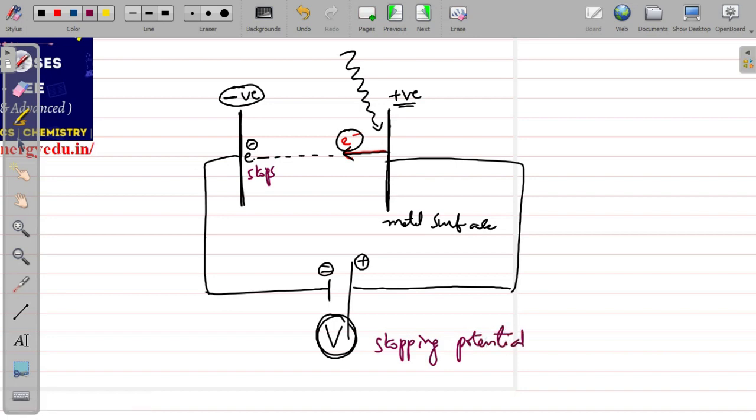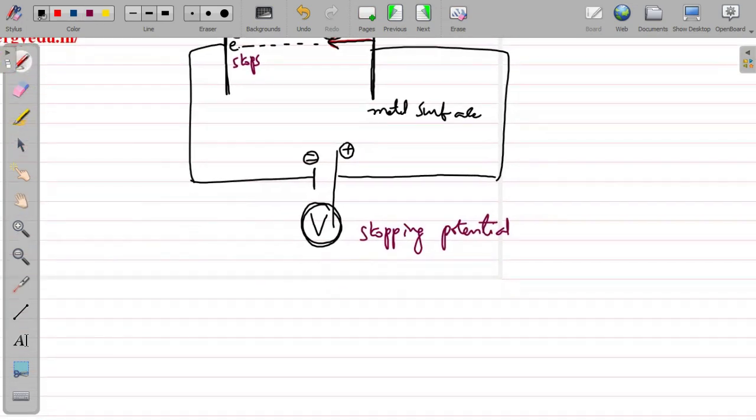So we can write its definition in this way. It is the minimum potential, because if you apply more than this also, the electron will come to a halt, but not just before reaching the plate. Somewhere in between it may come to a stop. But this is the minimum voltage required to stop the electron just before reaching the plate.